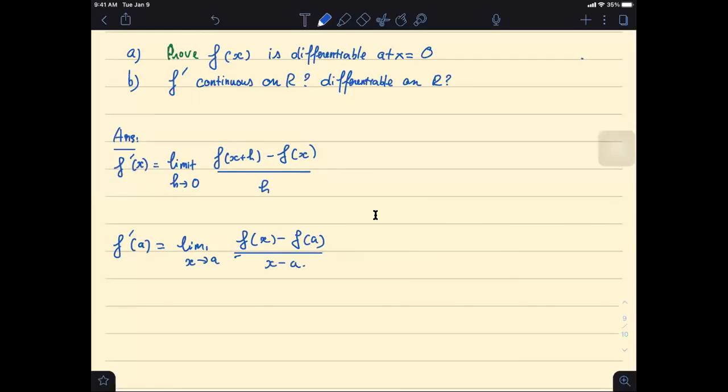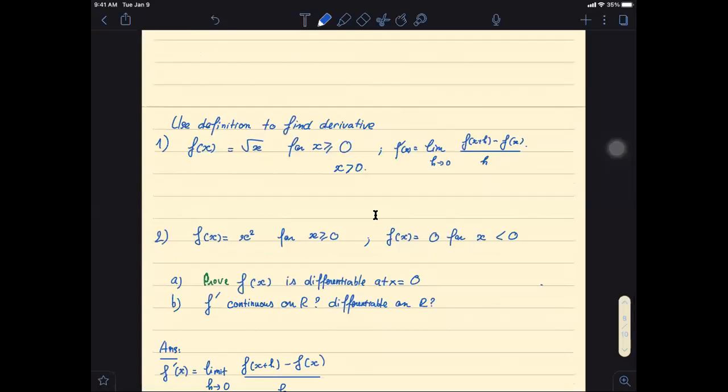So this one is f prime of a's definition, when you try to find the derivative at a specific point. For example, if you want to find the derivative at 0, then you're going to use f prime of 0 equals the limit as x goes to 0 of f of x minus f of 0 over x minus 0.